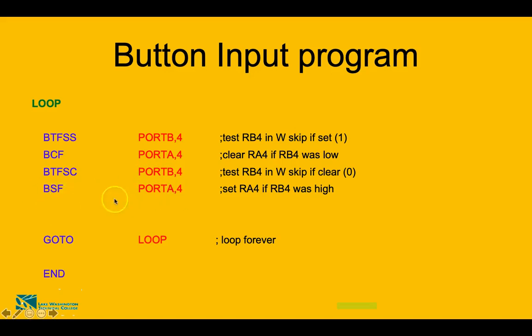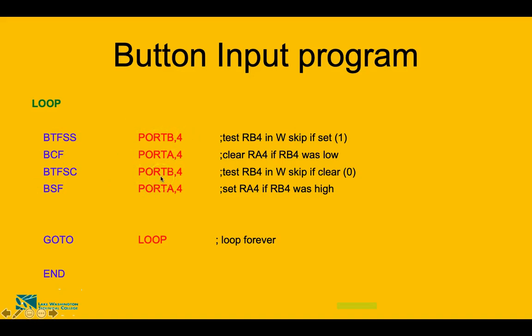It will go to this step and it will say bit set F, port A comma 4. Please notice here that you have port A here and port A here for BCF and BSF, and bit test you are using for port B. So port B, which is connected to your switch S1, you're testing it.